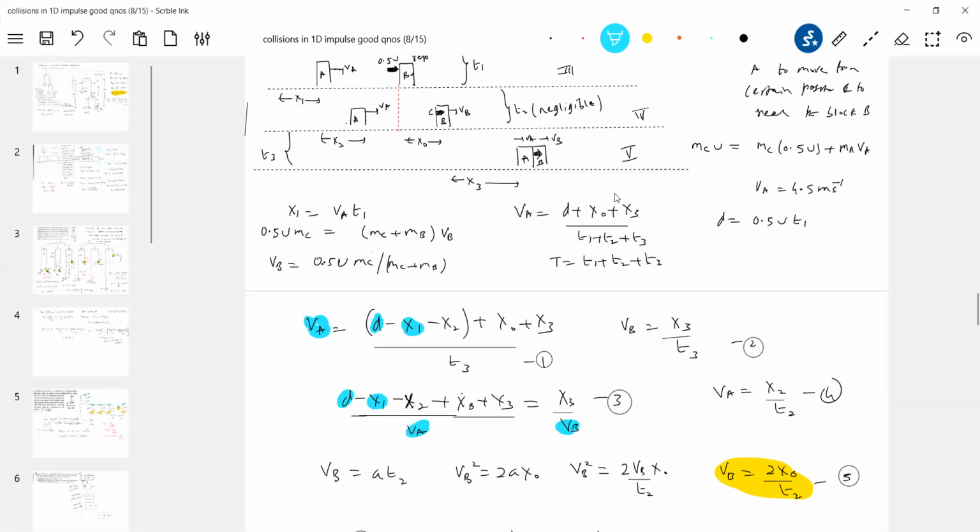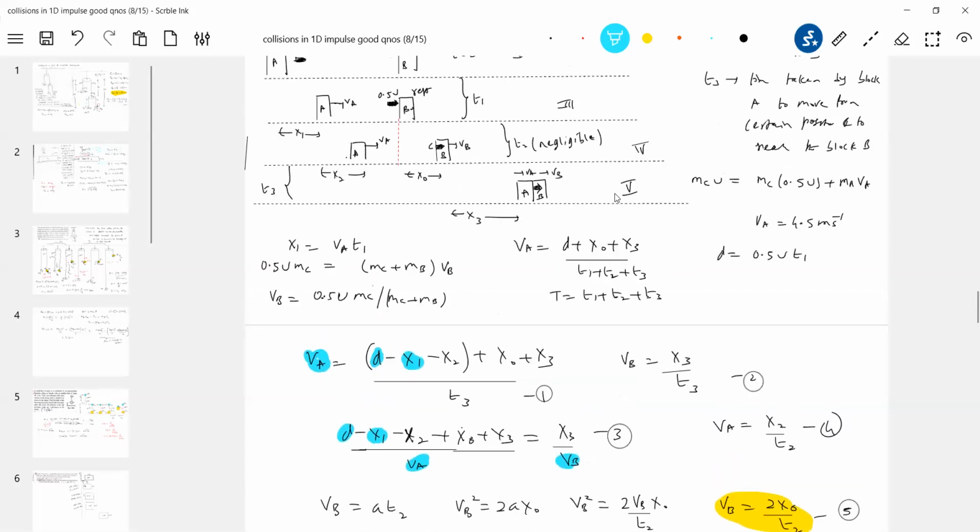Relative motion between block A and B, I'll take help of VA minus VB. Relative motion between the blocks A and B, I'll discuss, from this position. From the fourth and the fifth diagram, I'll describe the relative motion between block A and B. Can you write any equations from there? We have already VB equal to x3 by T3.